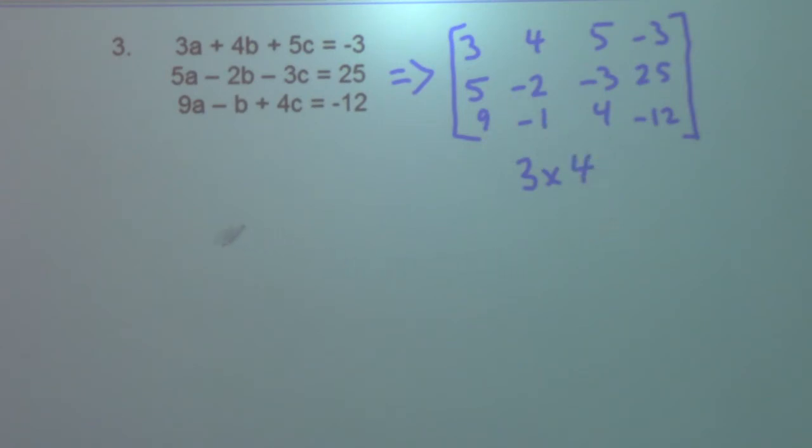When we finish manipulating this for our answer, we're going to have it in this form here, 1, 1, 1, and zeros everywhere else.